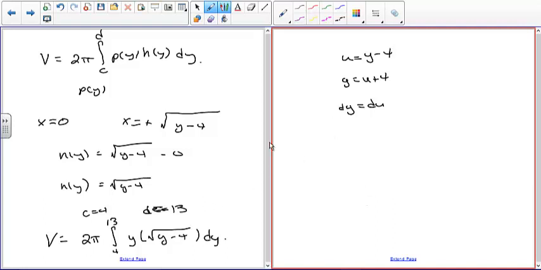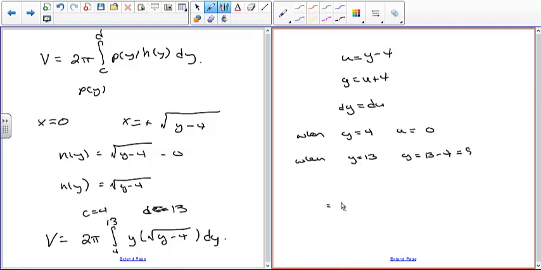So then you'd have to redefine the limits in terms of u. When y equals 4, u equals 0, because you'd have 4 minus 4, and when y equals 13, u is equal to 13 minus 4, which is 9.